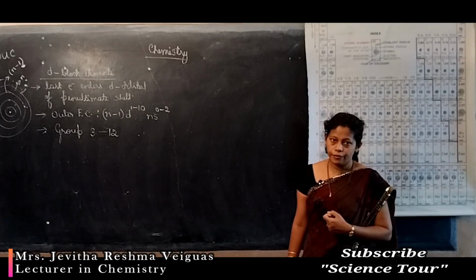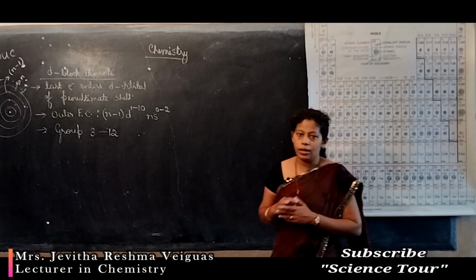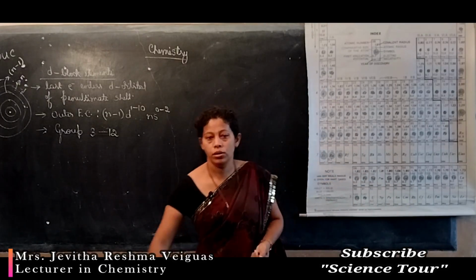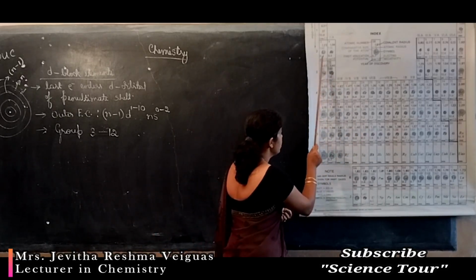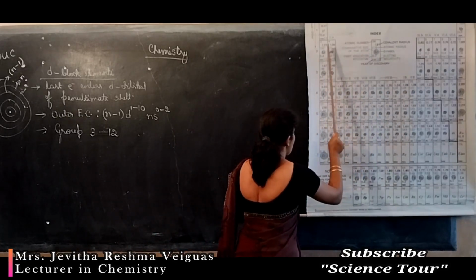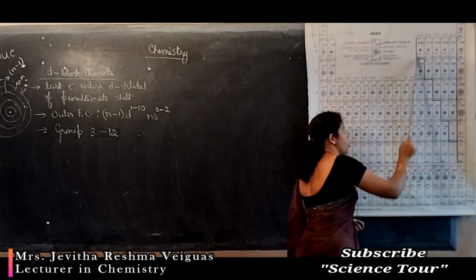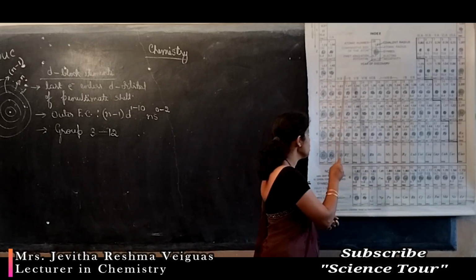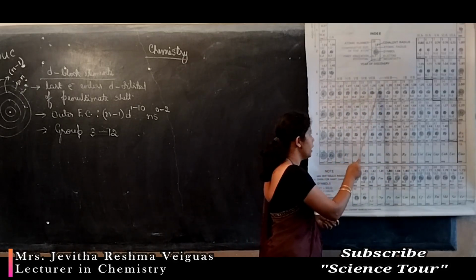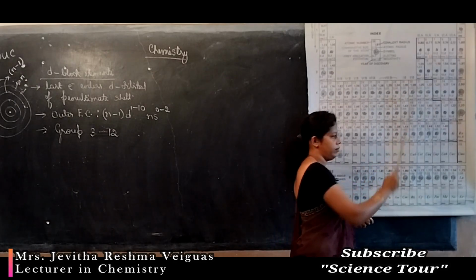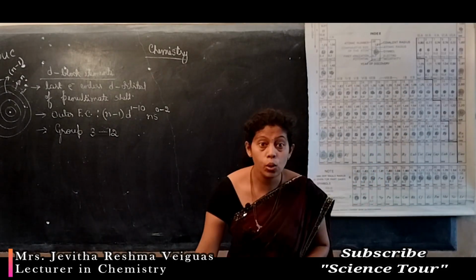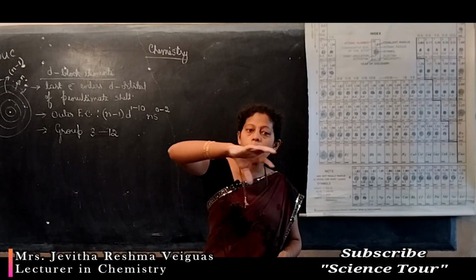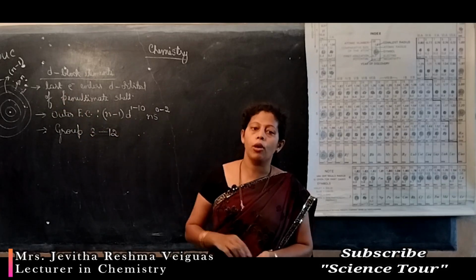The properties of groups 3 to 12 elements are in between S block and P block. These elements which are in between S block and P block elements are called D block elements: groups 3, 4, 5, 6, 7, 8, 9, 10, 11, 12. These are D block elements whose properties show a gradual change from S block elements to P block elements.